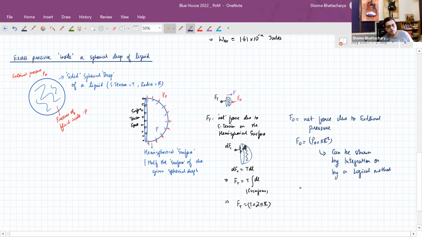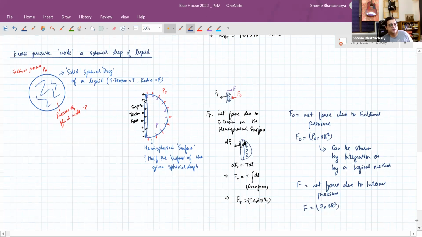Okay. And F is the net force due to internal pressure. So again, this F will come out to be P into pi r square.